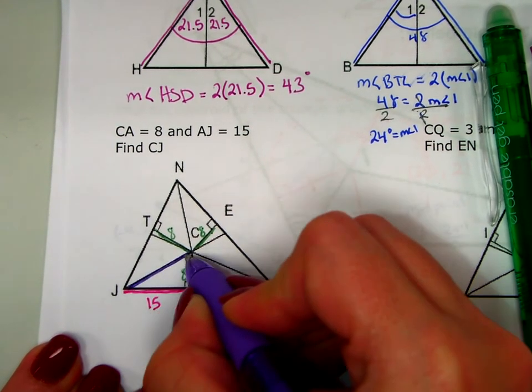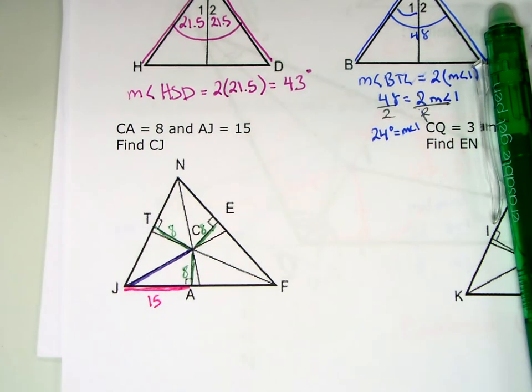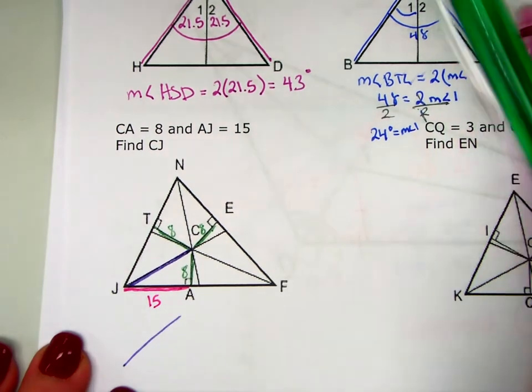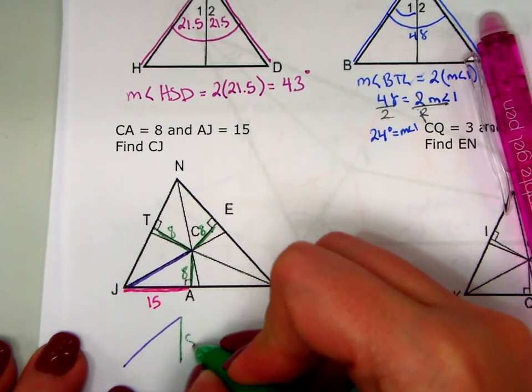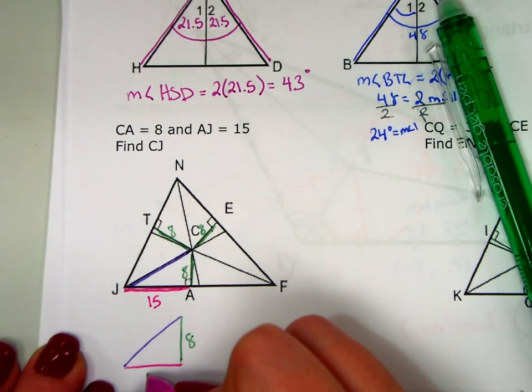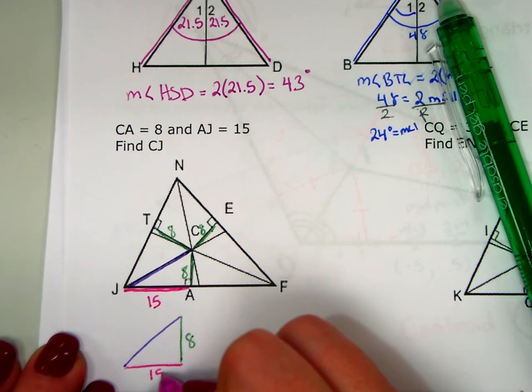CJ. This is the piece I'm trying to find. Any ideas? Yes. Pythagorean theorem. CJ is just the hypotenuse in a right triangle where my two legs are 8 and 15.